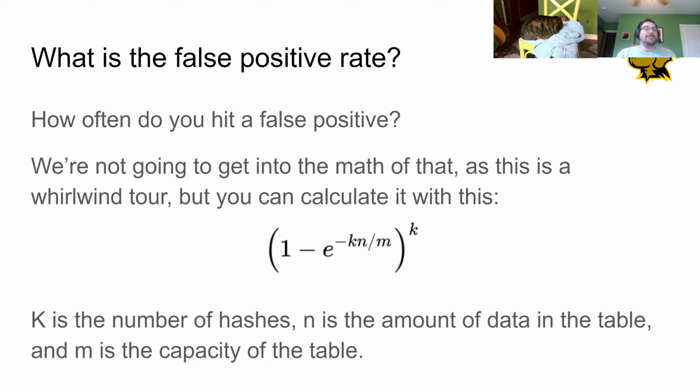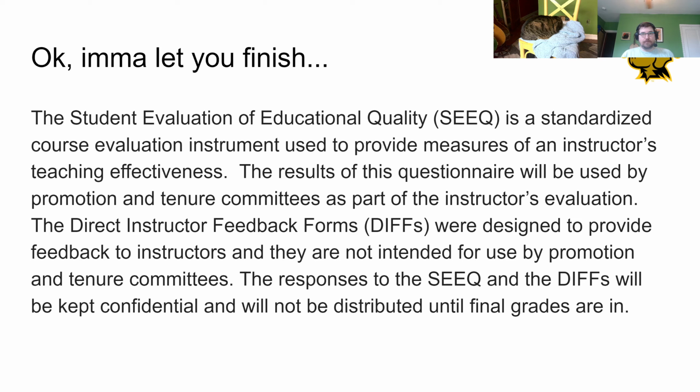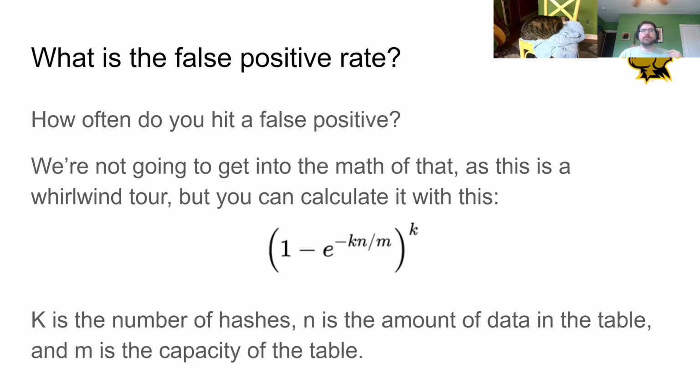For those of you more mathematically inclined, you will realize that as m grows and k grows, this false positive rate goes down. It declines, right? So the larger the table and the more hashes we have, the better we perform.